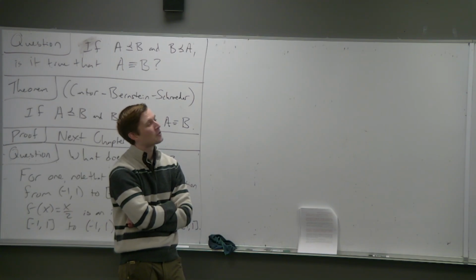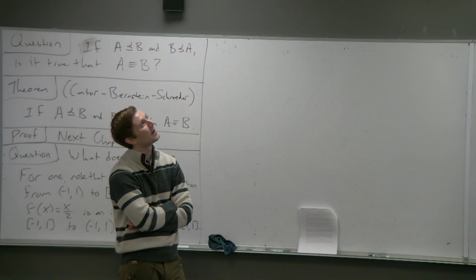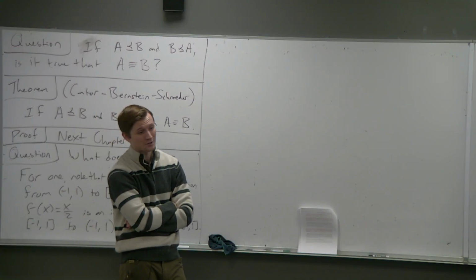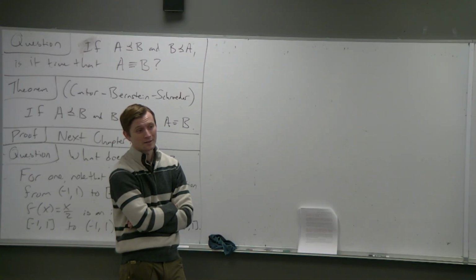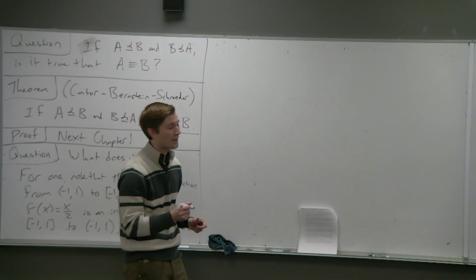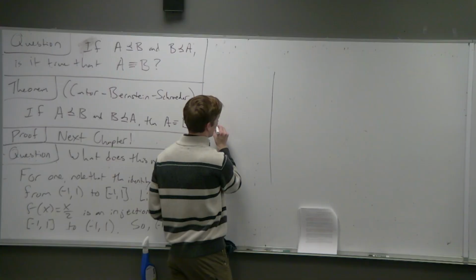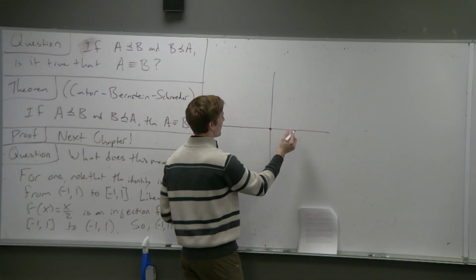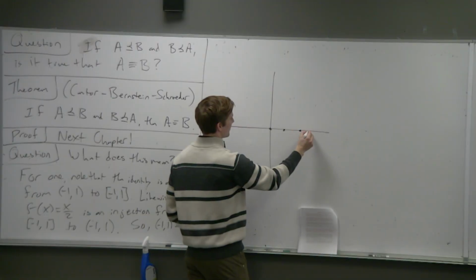Okay. So think of rationals as pairs of integers, right? One on top, one on bottom, yeah? So you've got a grid, right?